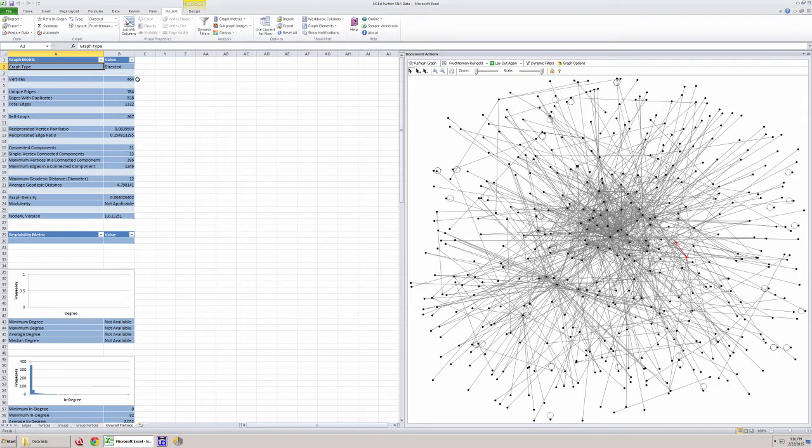Right, so in this network, it's going to give us a summary of the network as a whole. So we have 464 individuals in this network. This is the number of unique edges, so the number of unique relationships between people. We also have the total number of edges. So this means some of these relationships are duplicated.